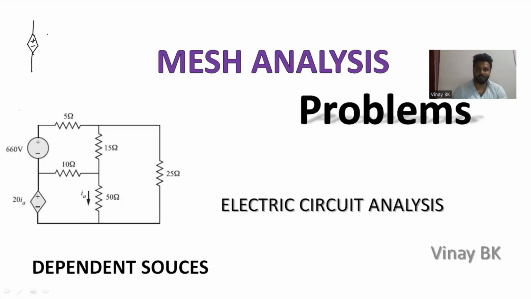Suppose you're writing 4 into V1. This dependent voltage source is depending on another voltage, so you can call this a voltage dependent voltage source.